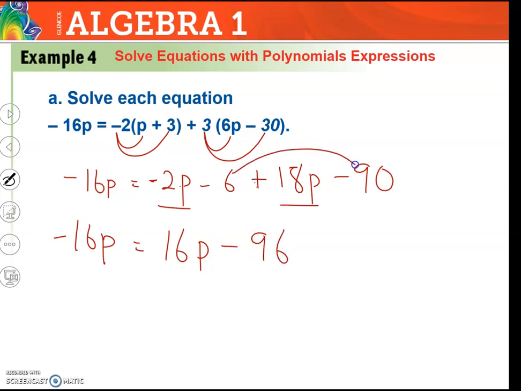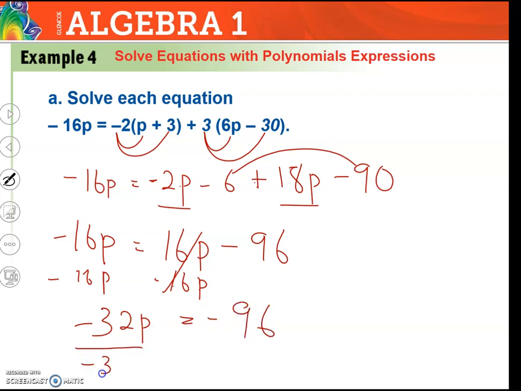Now, same equation, we subtract 16p from both sides. So this goes away and we have negative 32p is equal to negative 96. We divide both sides by negative 32, and our final answer is p is equal to 3.